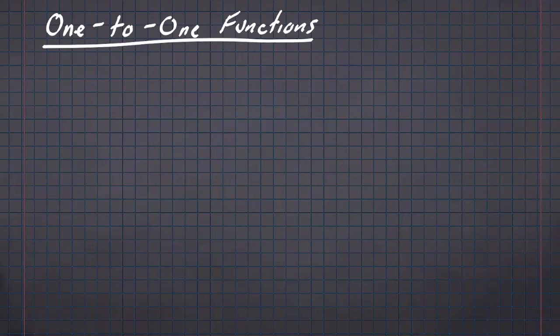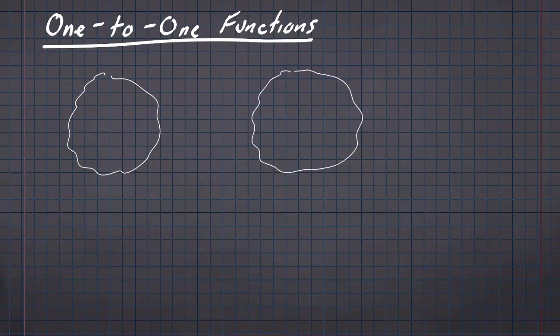In studying inverse functions, it becomes important to look at an idea called a one-to-one function. So thinking back to your first introduction to functions, we kind of think of functions as these ideas that take values, say an x here and a y there.